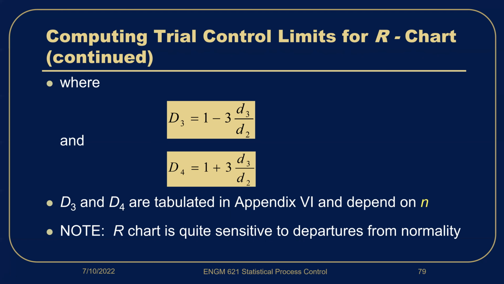R chart is quite sensitive to departures from normality. So if the quality characteristic is not quite normally distributed, then the R chart may vary a lot and cannot give us accurate information. Or if the sample size is too small, usually smaller than 4, then the R chart may not be quite informative either, because too small a sample size means it is not quite normally distributed.